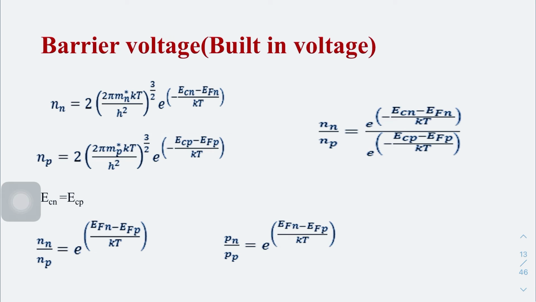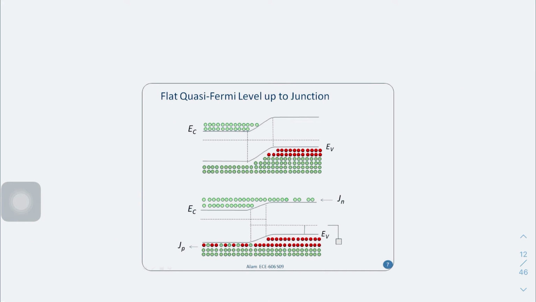Inside the n side of the p-n junction we have majority current carriers, which are electrons, and we have majority current carriers in the p side, which are holes. And there are minority current carriers, electrons in the conduction band of the p side, and minority current carriers, holes in the valence band of the n side.